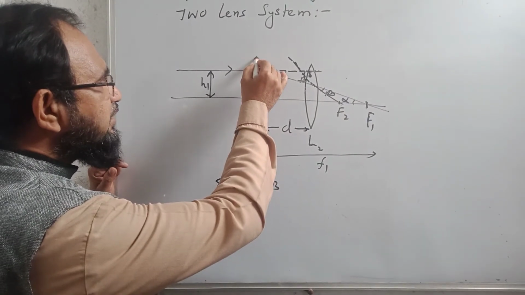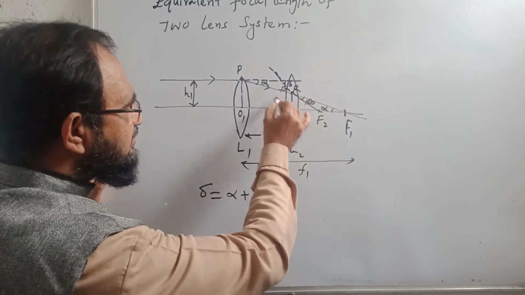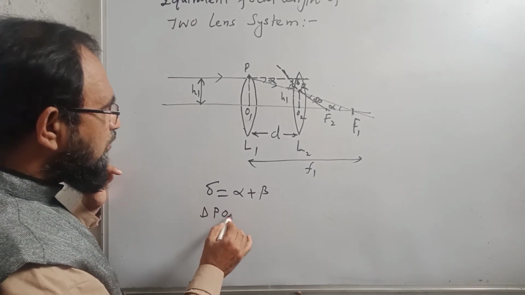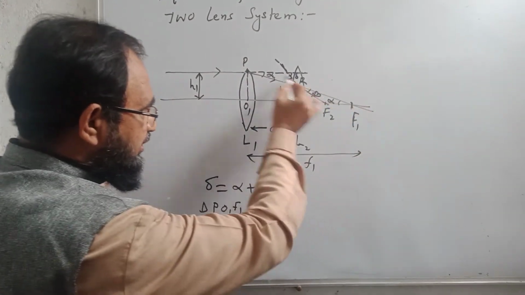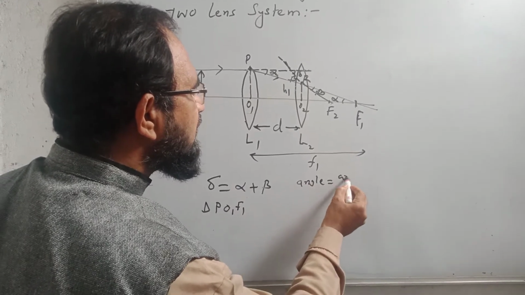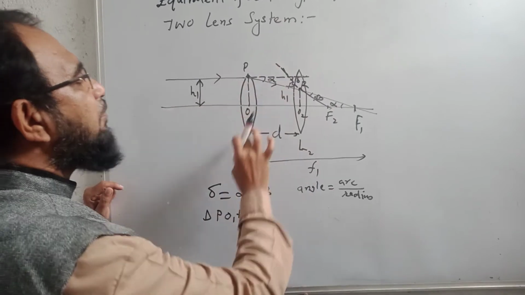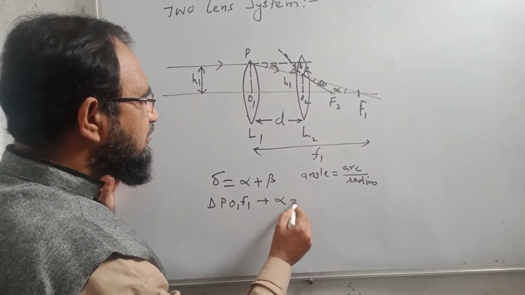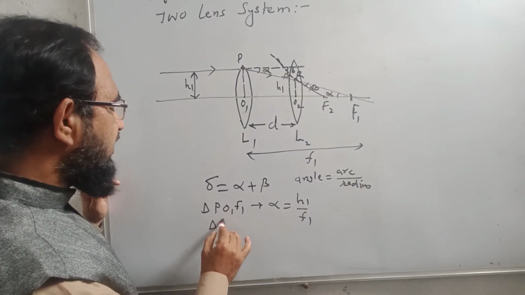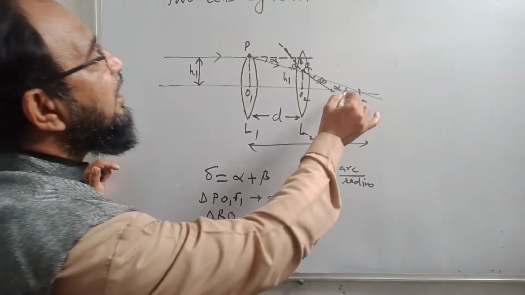Let this point be P, this point O1, this point R, this height H1, and this point O2. I consider the triangle P O1 F1. Using the formula angle equals arc upon radius, alpha is equal to h1 by f1.